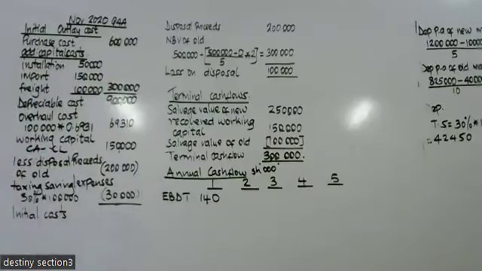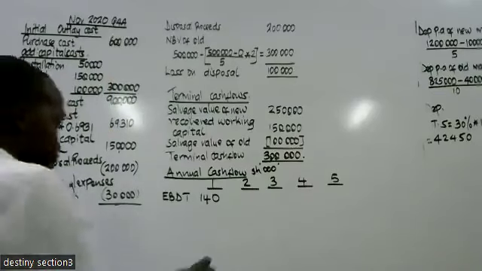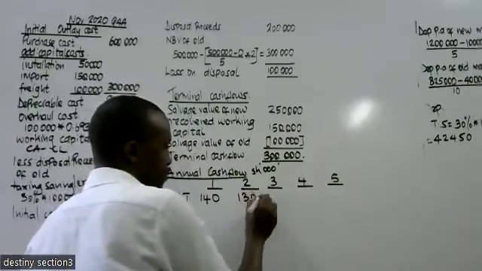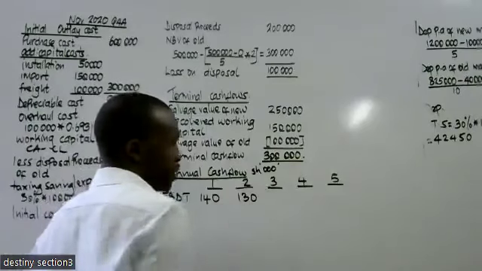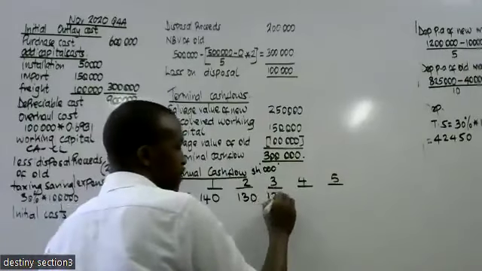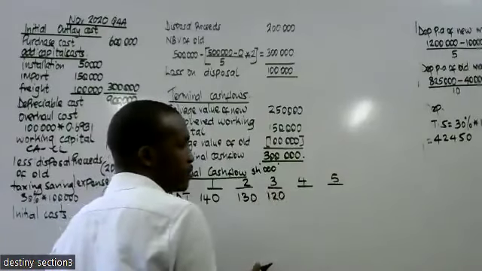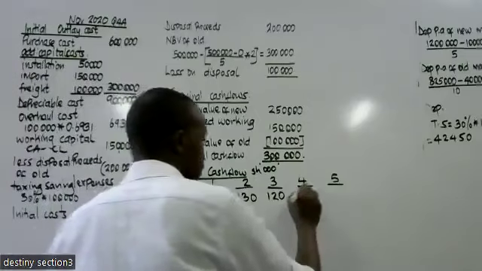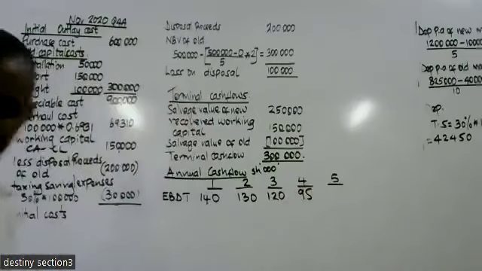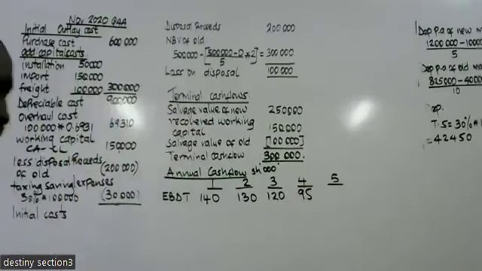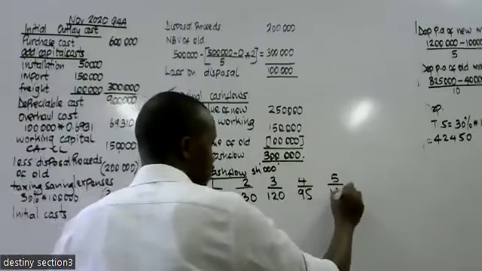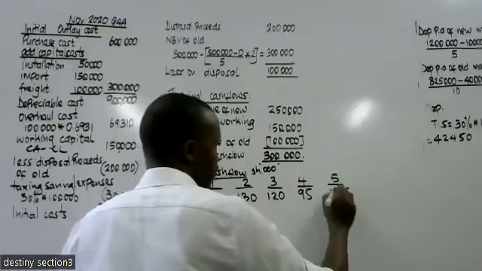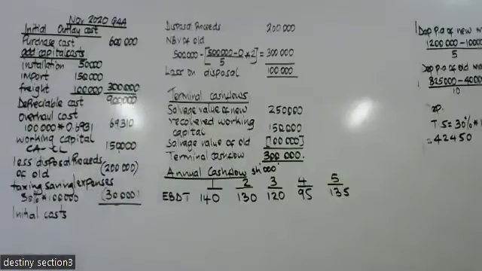What's the increase? 130. The next one, 220, 120. The next year, 240 minus 145, that's 95. And the last one, 270 minus 195. On incremental basis.